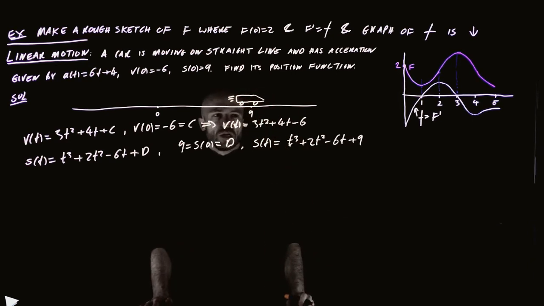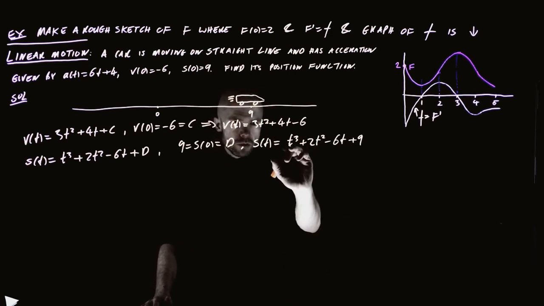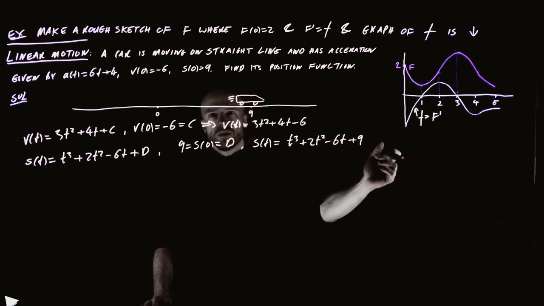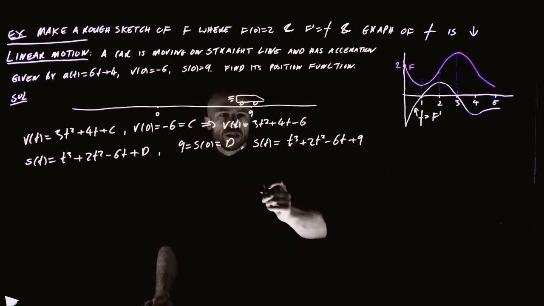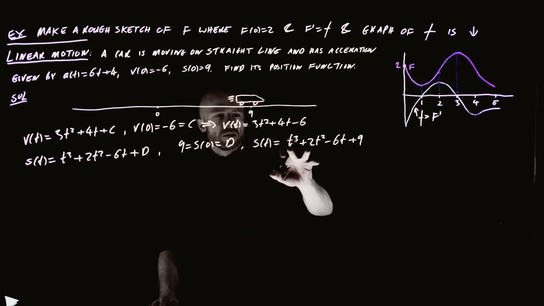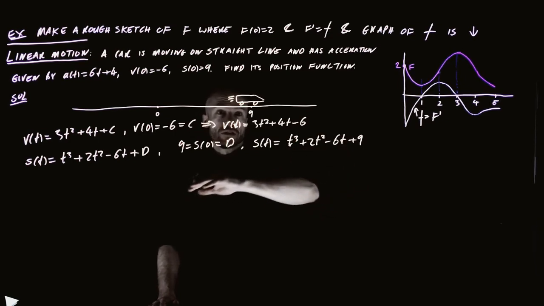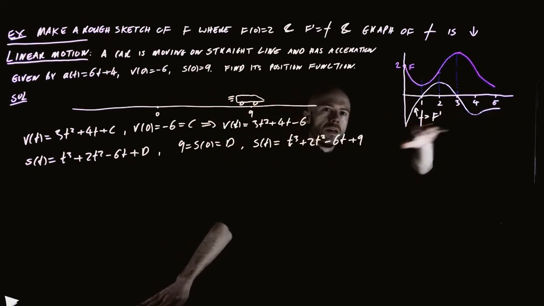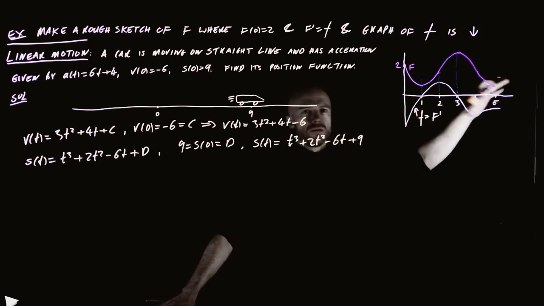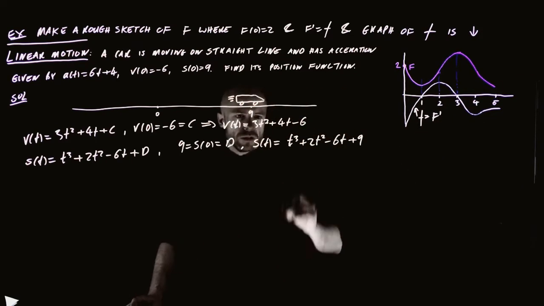And for very small t, this thing is a lot smaller than this minus 6t, so initially it is moving backwards, but as t increases, these terms will gradually get bigger than this one, so then it'll start to go forwards and ultimately go forwards faster and faster, more and more in that direction as t increases.